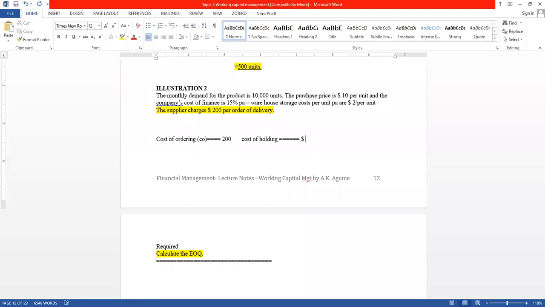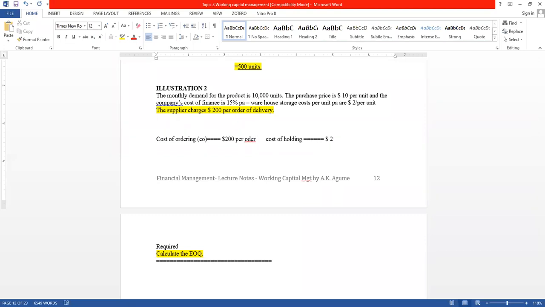But is it the only holding cost? I think it is 2 times the 10,000 units, because the 2 is per unit, so we have to multiply by 10,000 units. That one is okay. This is $200 per order. But is it the only holding cost?